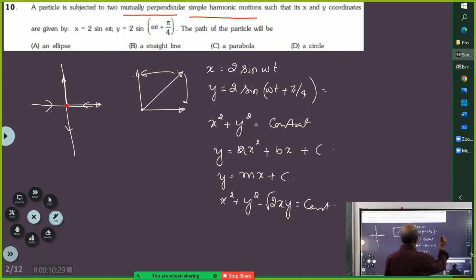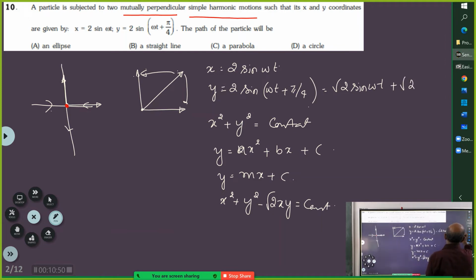Then we can write it. Cos of pi by 4 will be 1 by root 2. So 2 by root 2 will be root 2 sin omega t, plus cos a sin b, so it will be again root 2 cos omega t. Am I right? If you open this up.